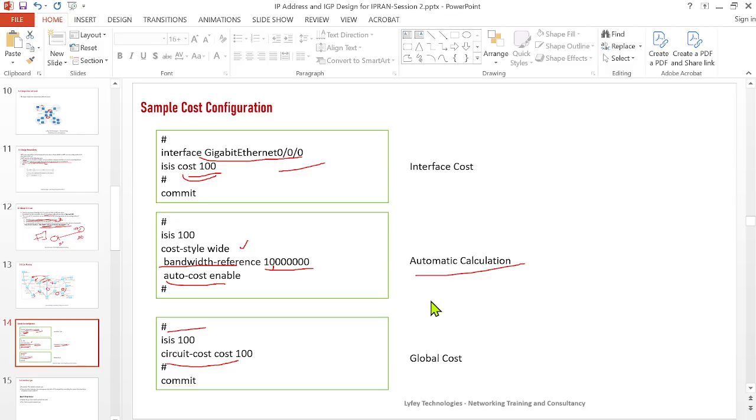There is no standard definition of which cost to configure. You just need to do proper planning of the cost between different nodes, between the CSGs, between the RSGs, between the CSGs and the aggregation nodes, to ensure that you have optimal flow of the traffic. But there is no standard like you should configure 10, 100, or 1.